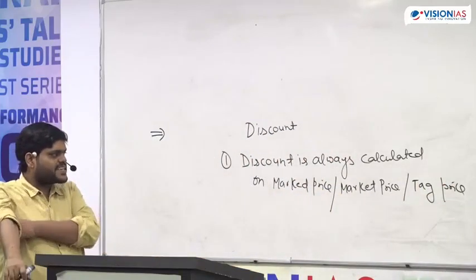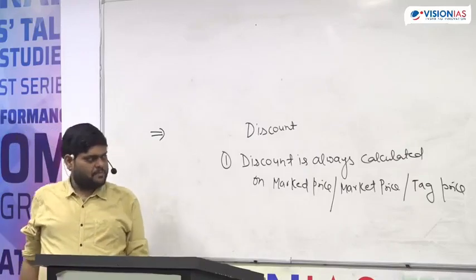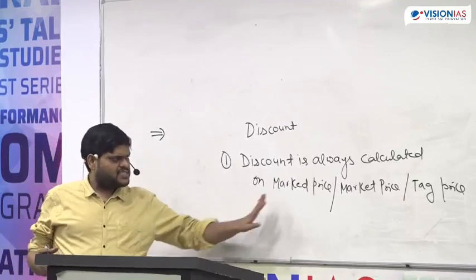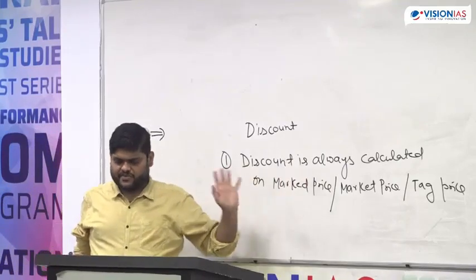Discount is always calculated on mark price, market price or tag price. What is this? I will tell you. Just understand. First note it down.